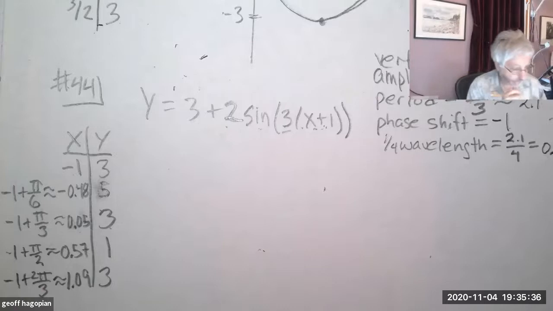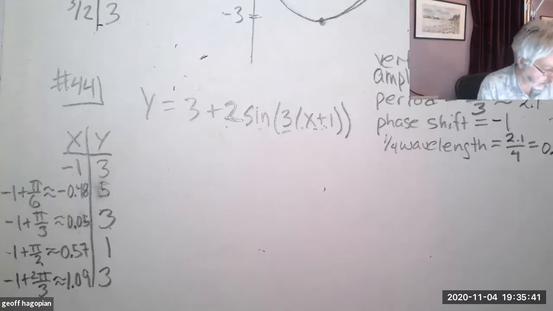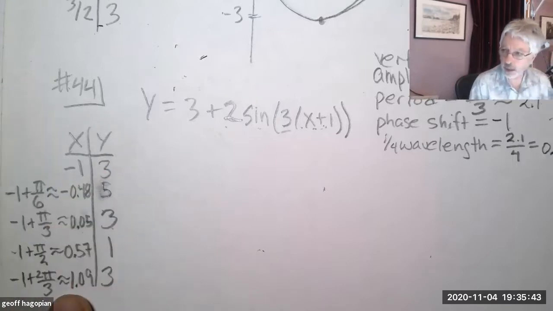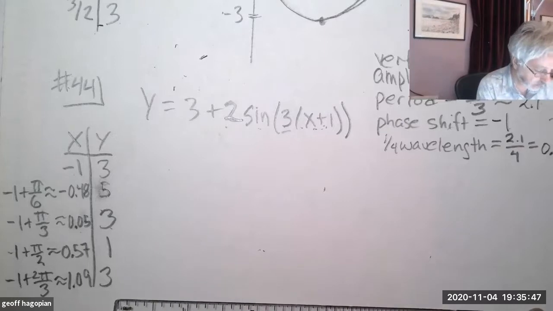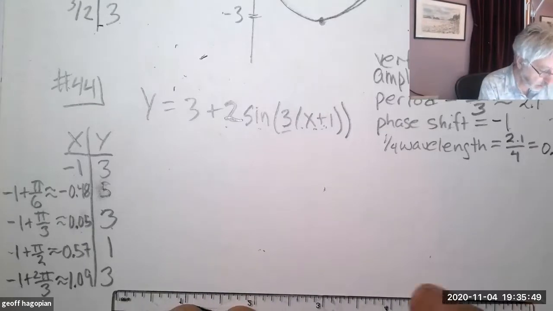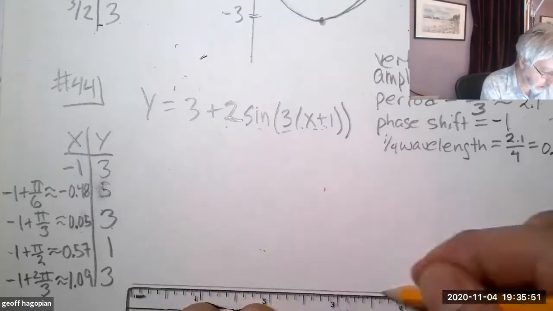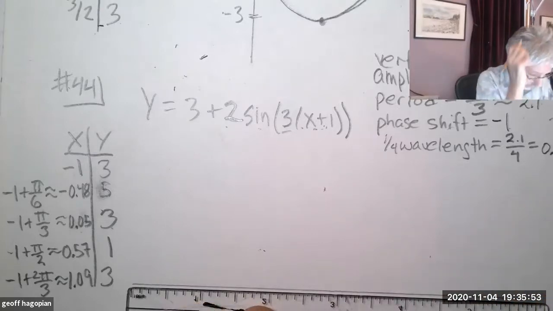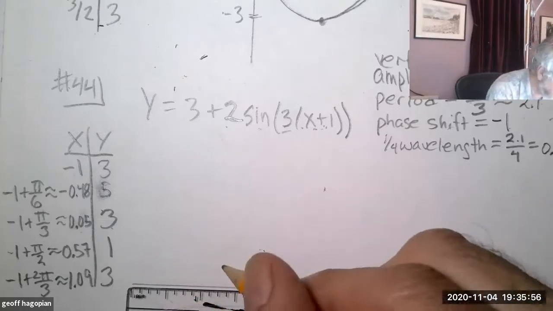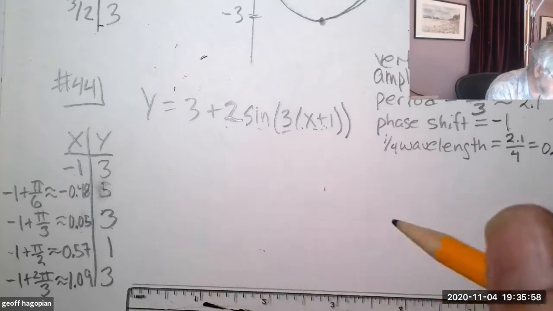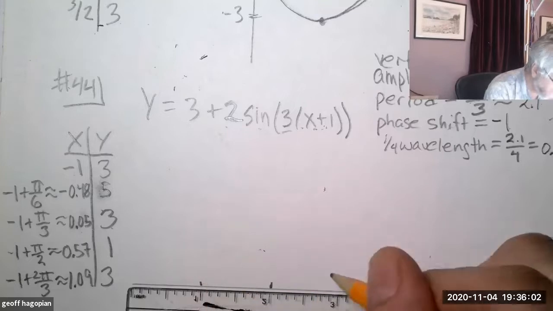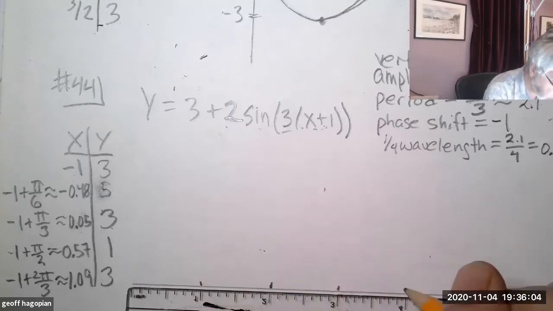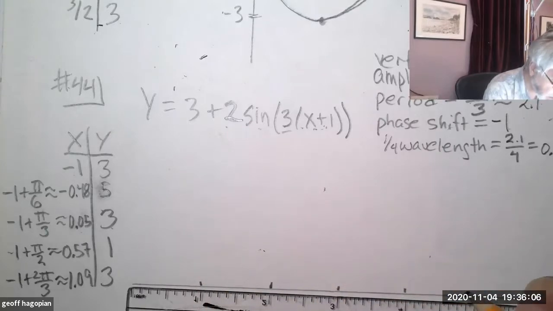All right, so now that I have my numerical data, it'll be easy to make a graph. Right, and so where's the action? Well, the y values are all between 1 and 5, right? So I'm going to put my x-axis down low. And I'm going to say an inch is a quarter wavelength again. So maybe here, here. So that's 2 quarters, 3 quarters, 4 quarters is a whole.